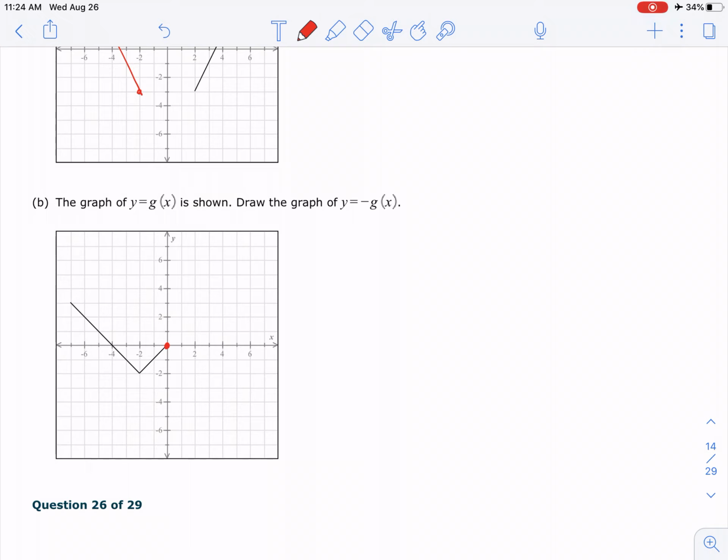Now, this one, y is negative 2, so you go positive 2. This one is still 0, 0. But how about we pick this one? So this one right here, you have positive 3. So you're going to have to go the opposite, negative 3 for this one. Okay, so now you have your graph.